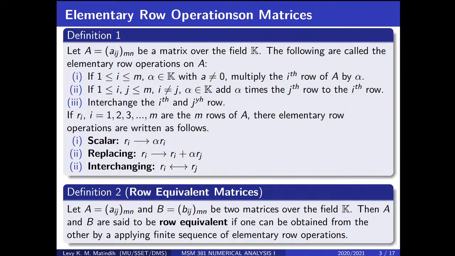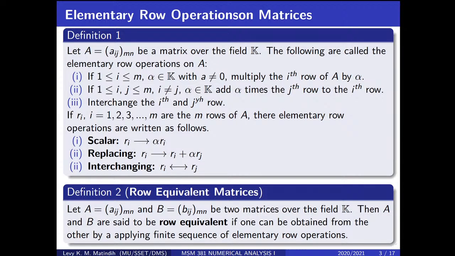That is definition number 1, which is talking about elementary row operations. Now, let's go to definition number 2. What is definition number 2 really talking about? Definition number 2 is talking about row equivalent matrices.